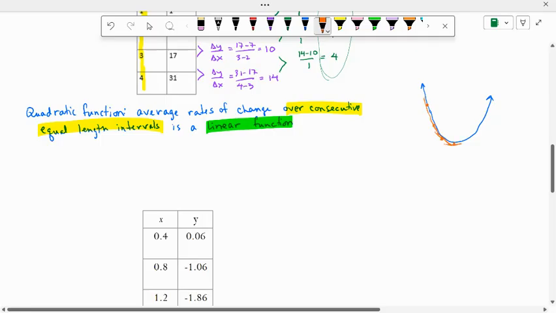So if I think about over these intervals looking at slopes, it's harder to see it here if I'm doing it over an interval, but my average rate of change here versus my average rate of change here versus my average rate of change here versus my average rate of change here.